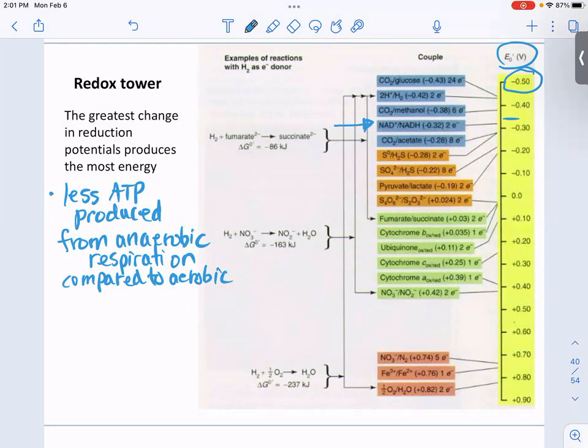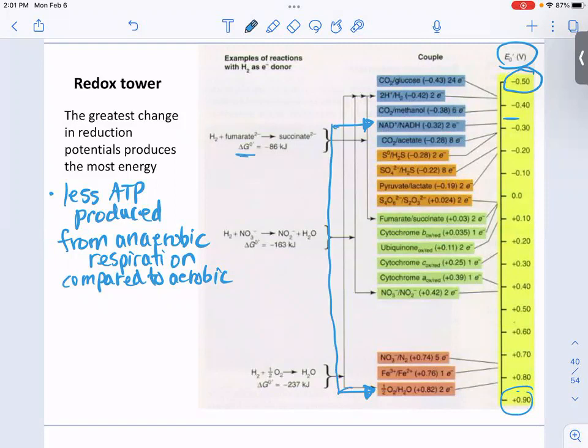And what's accepting them right here is oxygen, half oxygen, accepting those electrons to make water. That is a really positive E naught prime, so it wants to gain electrons. When you measure the distance between those two, that enables you to calculate the free energy.